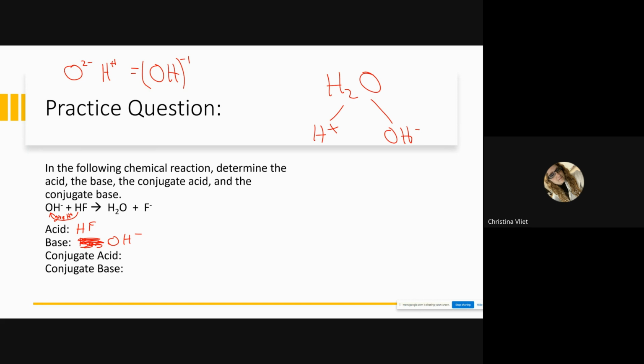What can't possibly be an acid? Let's think about the definition. Acids give away H plus. Which of these two things does not have H plus to give away? Think about it. F minus, right? That doesn't have H plus.